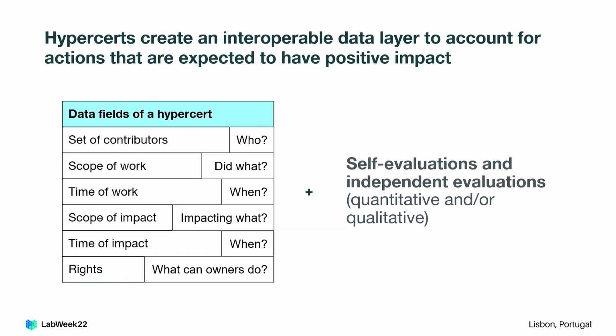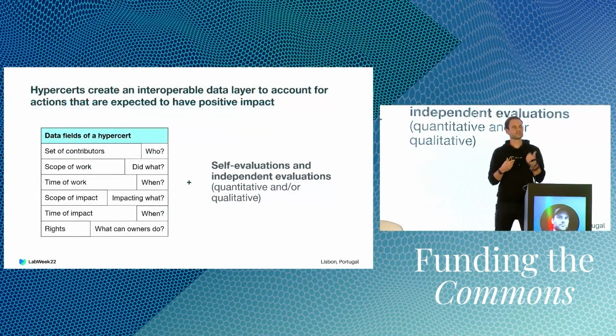So as I said, the Hypercert really accounts for the actions that are expected to be impactful, and that means we just identify who did what when, what the work points to and wants to have an impact on, in what time frame, and what are the rights that the owners of the Hypercert have.